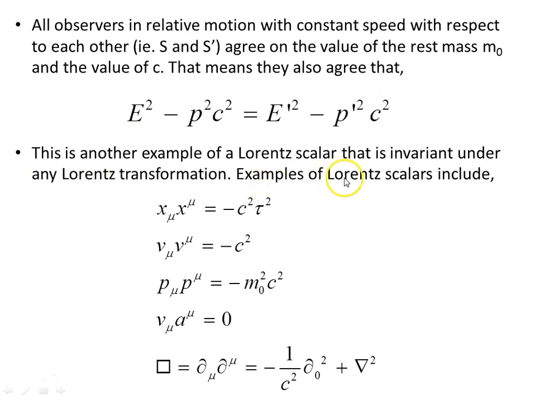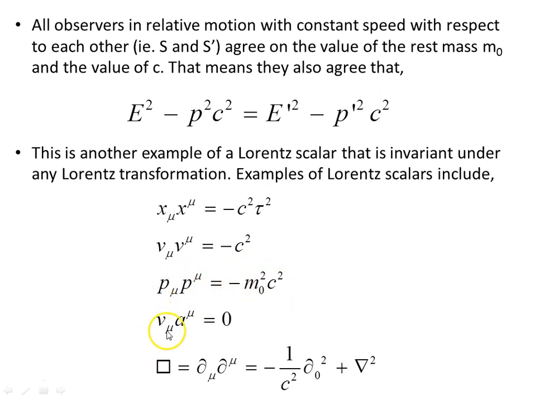Some examples of Lorentz scalars include the position vector dotted with itself, which is equal to this object. The velocity vector, which is also the tangent vector to the world line of the particle, has a scalar product with itself equal to this. And the momentum vector is this.